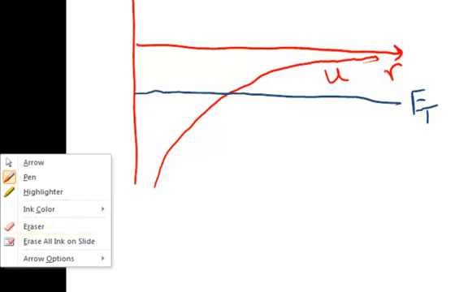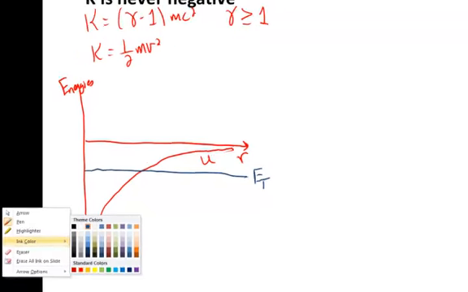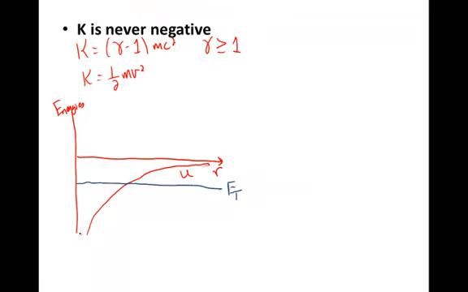Now, if we want to figure out what the kinetic energy looks like, let's take a look at this point right here where total and potential energy are the same. Now, the relationship between the different energies is that E total is K plus U, or turning that around to solve for K, K is equal to the total energy minus the potential.